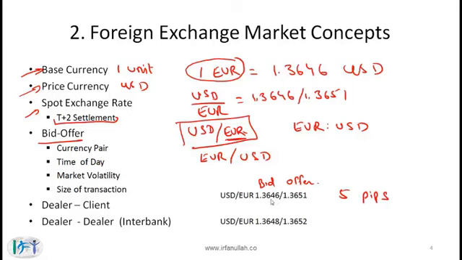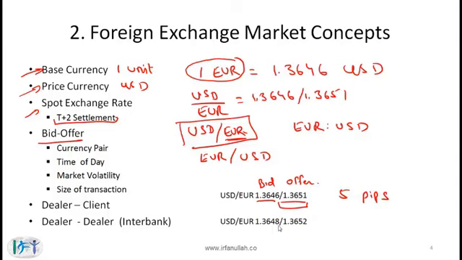The pips represent the difference between the bid and the offer. So in terms of this currency, it is expressed in 4 decimal places. So if you take the last decimal place, you have 0.3646 and 0.3651. In terms of the last decimal place, we have a difference of 5. So we will say that the spread here is 5 pips.